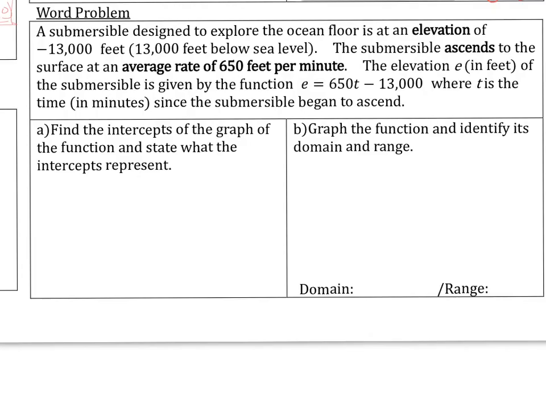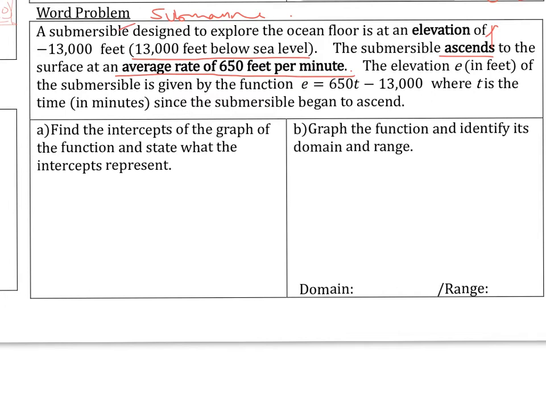Let's take a look at a word problem. A submersible designed to explore the ocean floor is at an elevation of -13,000 feet, which means 13,000 feet below sea level. So basically this is a submarine. The submersible ascends, meaning it goes up to the surface at an average rate of 650 feet per minute. So I'm anticipating that this is a distance problem.